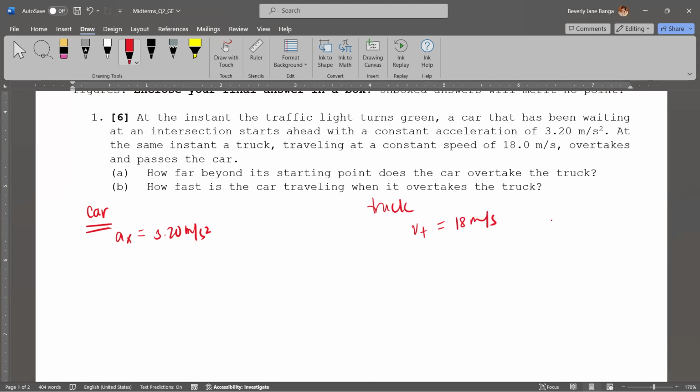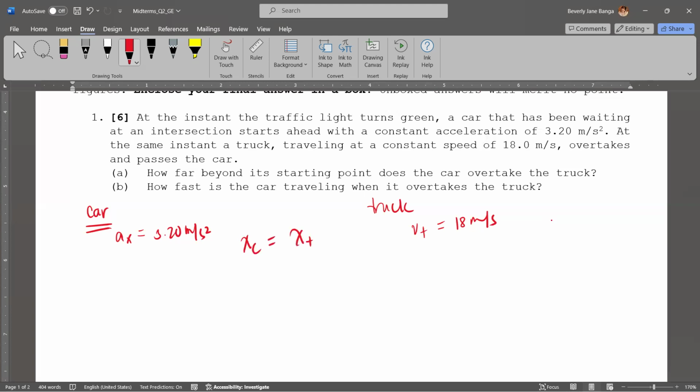How far beyond its starting point does the car overtake the truck? Like in number 1 of set A, we are asked when the distances of the car and the truck will be equal again.